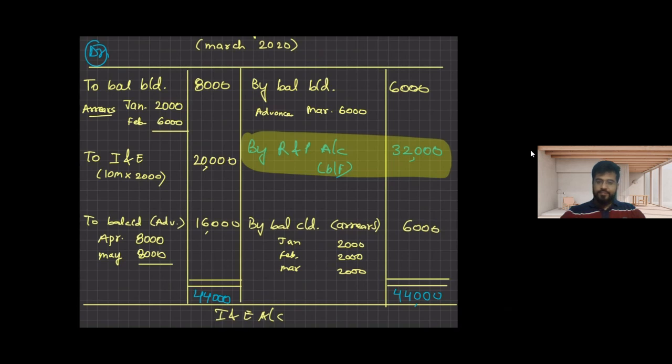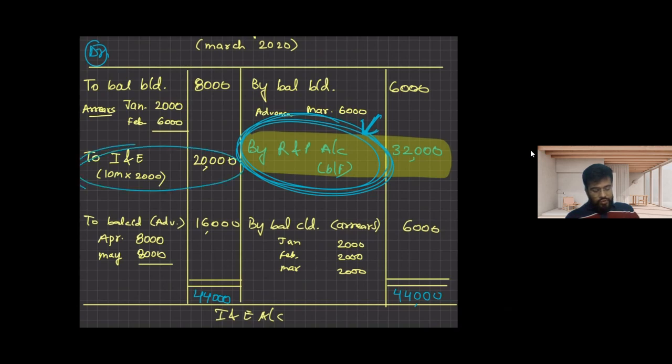Yes, sir. Perfect. Now, in this question, what I have asked you is to calculate what amount has been received. But let's say if I give you this amount and I ask you what amount should be transferred to the income and expenditure account, will you be able to calculate the balancing figure on this side?